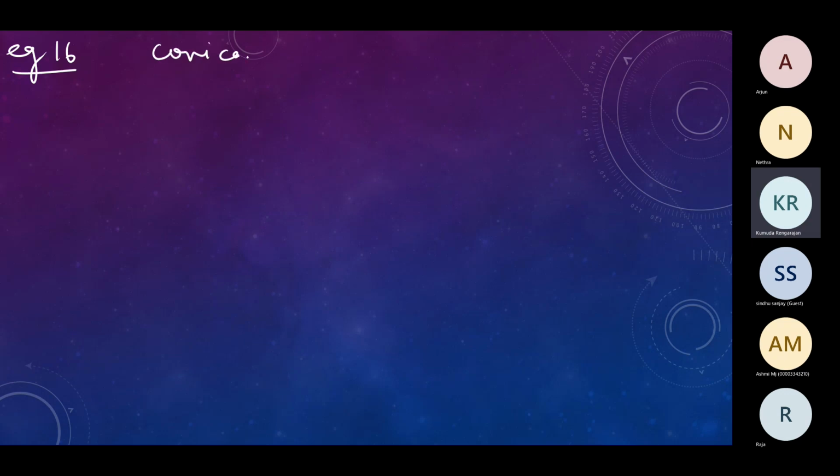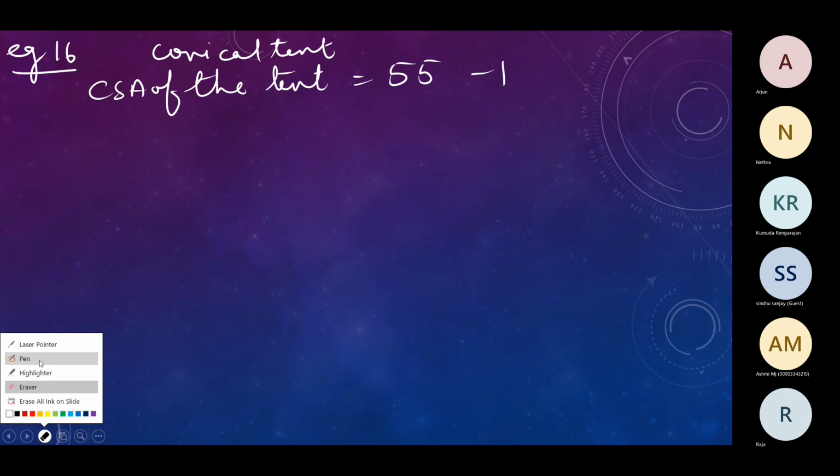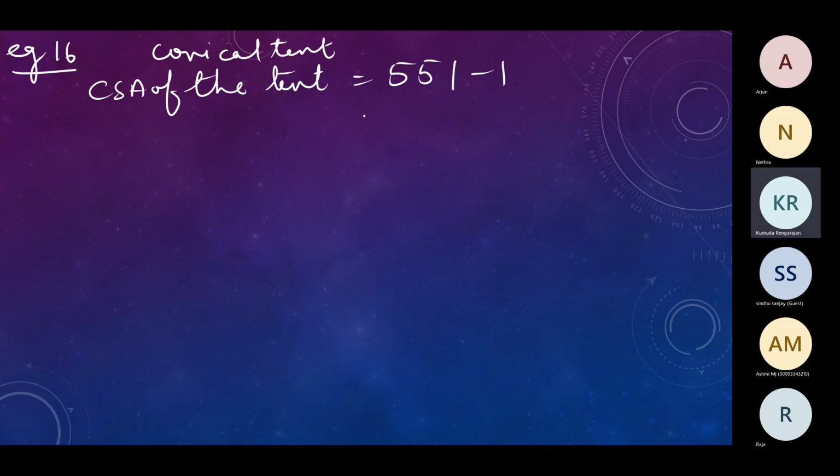So in example 16, it's a conical tent. CSA of the tent is equal to 551 minus 1, which is 550 meters squared. CSA means pi r l. Pi r l is equal to 550.